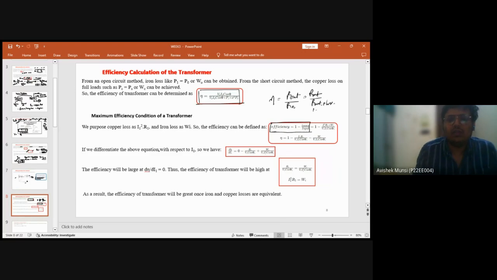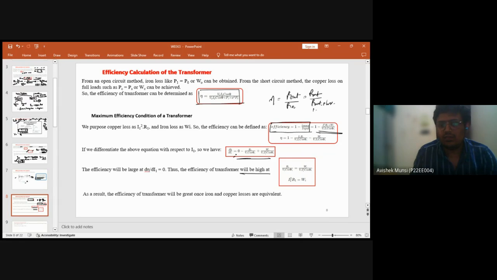So if you have to calculate the maximum efficiency, you differentiate this term, and after differentiating we get 0 minus this one, this one. For getting the maximum value, we know that this should be equal to 0; if you have the minimum value, the differentiation should be greater than 0.